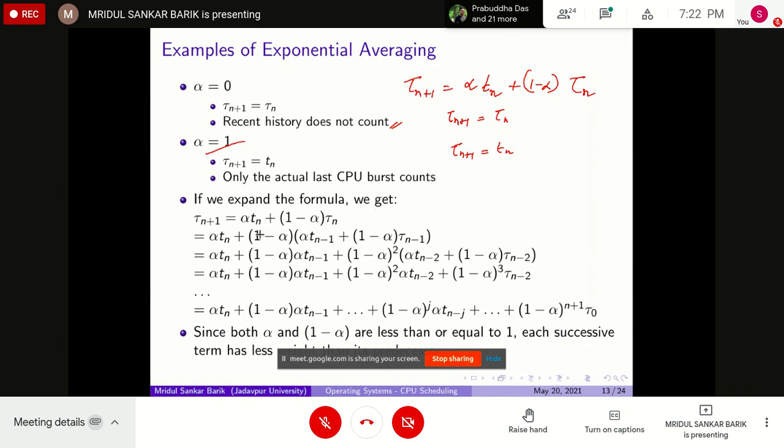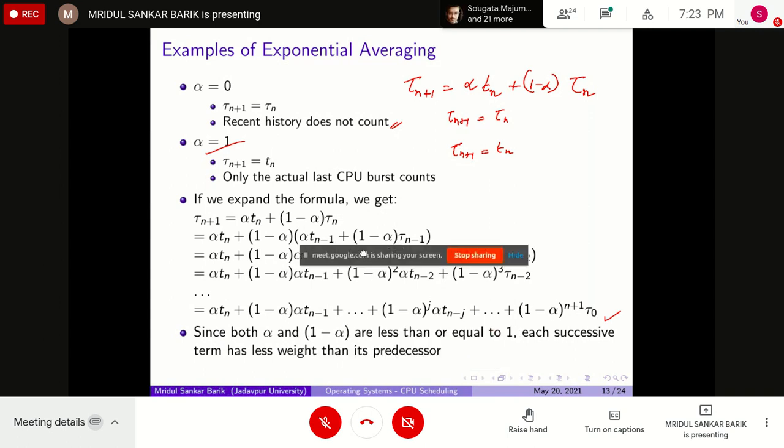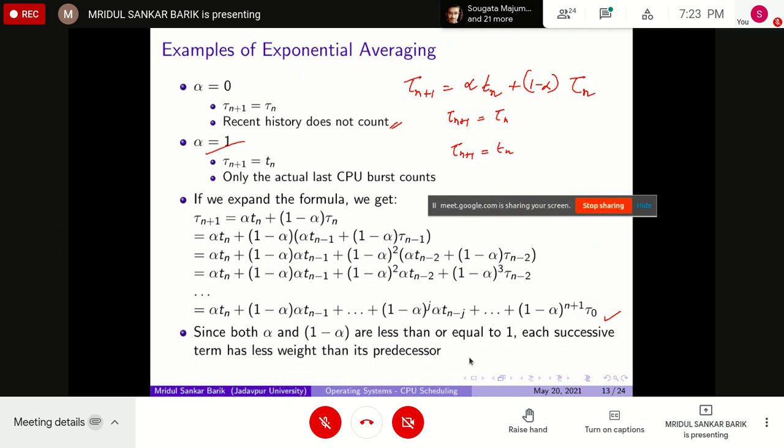So in this way, if we expand the formula, tau n plus 1 equals alpha Tn plus 1 minus alpha tau n, put the value of tau n here, so you would get what? In this sort of expression, both alpha and 1 minus alpha are less than or equal to 1, so each successive term has less weight than its predecessor.